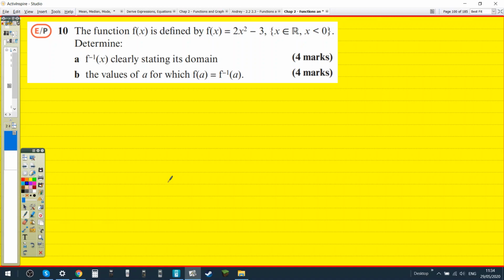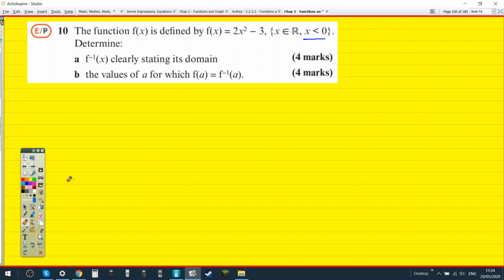Would its domain just be x smaller than 0? That would be if the range for this one is y smaller than 0. And so for this one, it would be x smaller than 0. But the range for the second one is y greater than 0, and they want the domain for the second one.